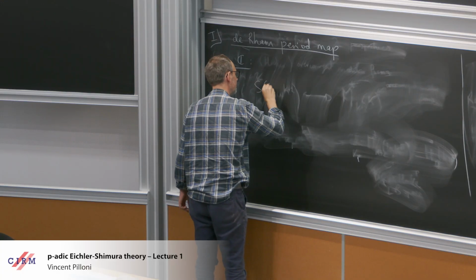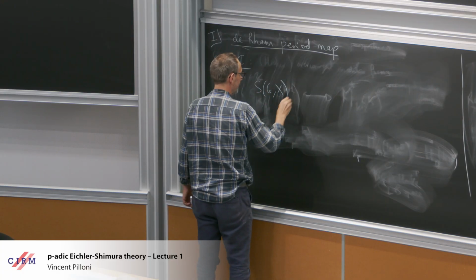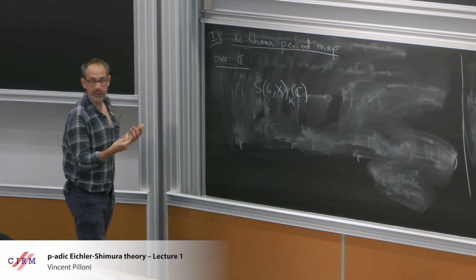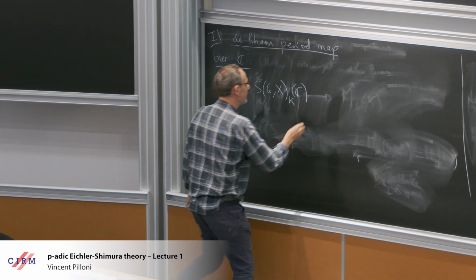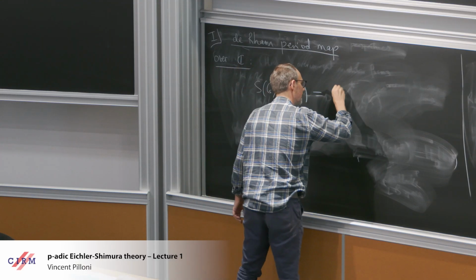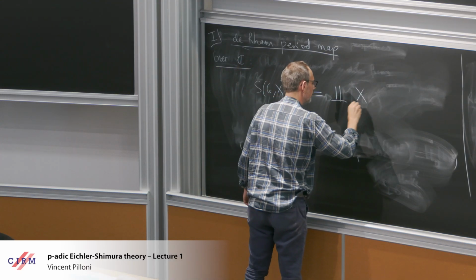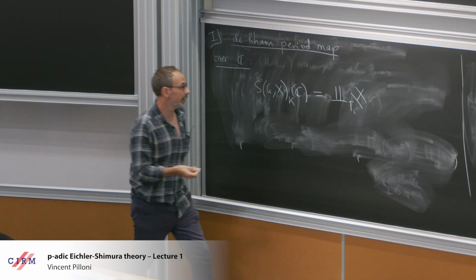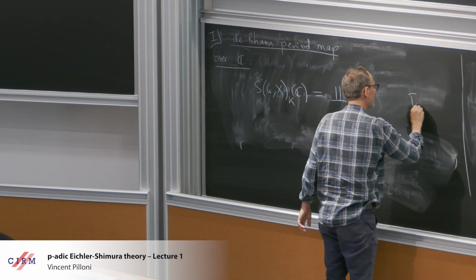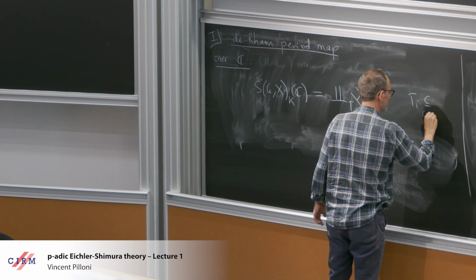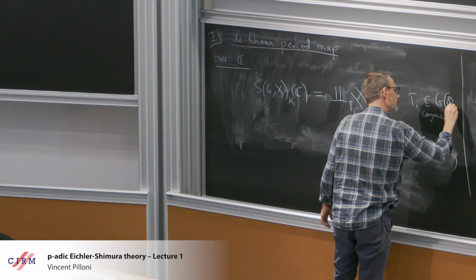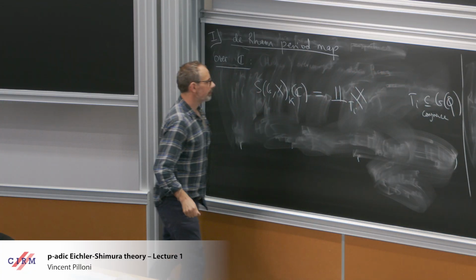So now I have this S_{G,X,K}(C). That's the C points of the Shimura variety. And this I can classically write as a finite union of quotients of the locally symmetric space by groups gamma_i, which are congruence subgroups of G(Q).